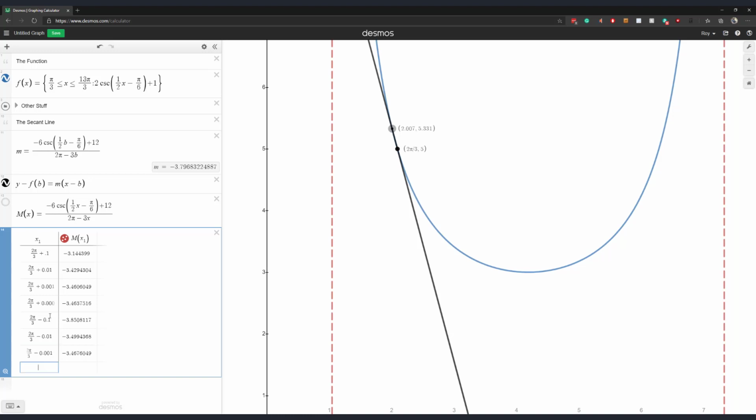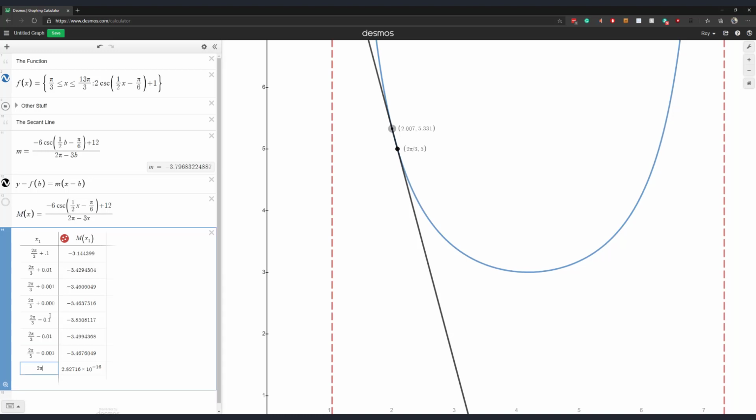But you could see that on either side of the anchor point 2 pi over 3 comma f of 2 pi over 3, your average rate of change is approaching negative 3.4637516 or something like that, right? Negative 3.46 roughly.